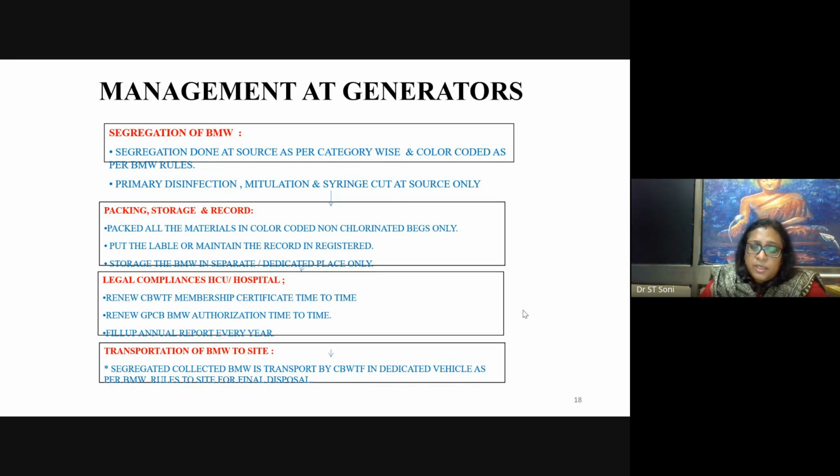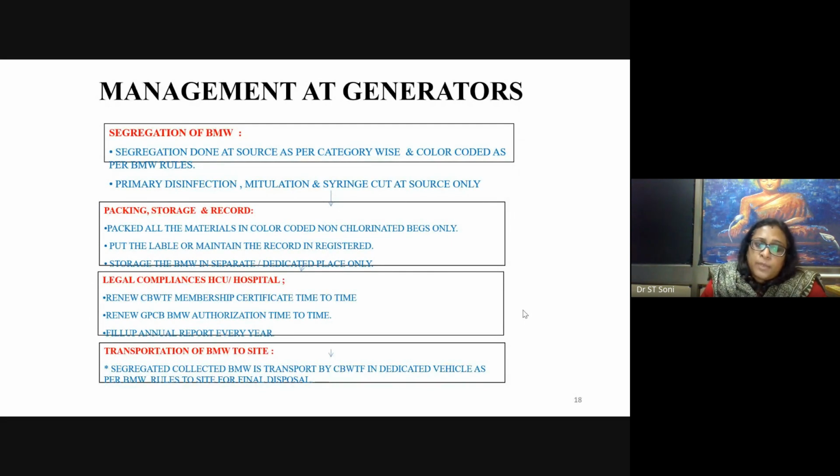As a hospital or as a healthcare provider, we need to have a license. This is a legal liability for any healthcare organization. We need to have a license to generate biomedical waste, and it is the duty of the occupier to get this license from their state pollution control board and renew it from time to time.